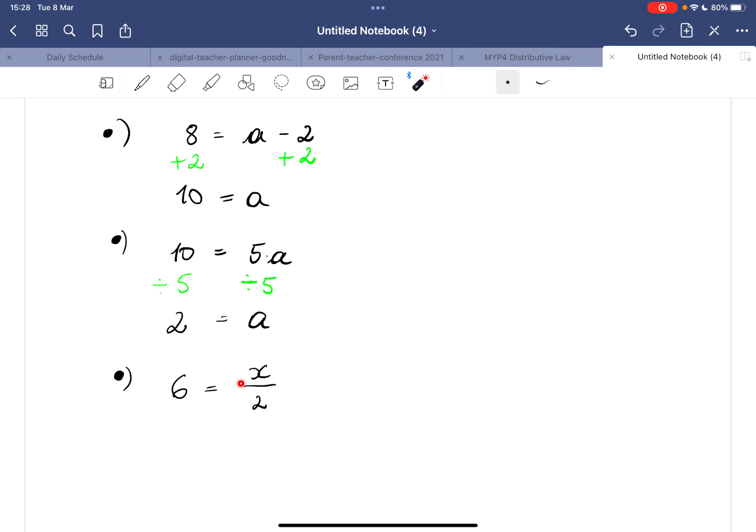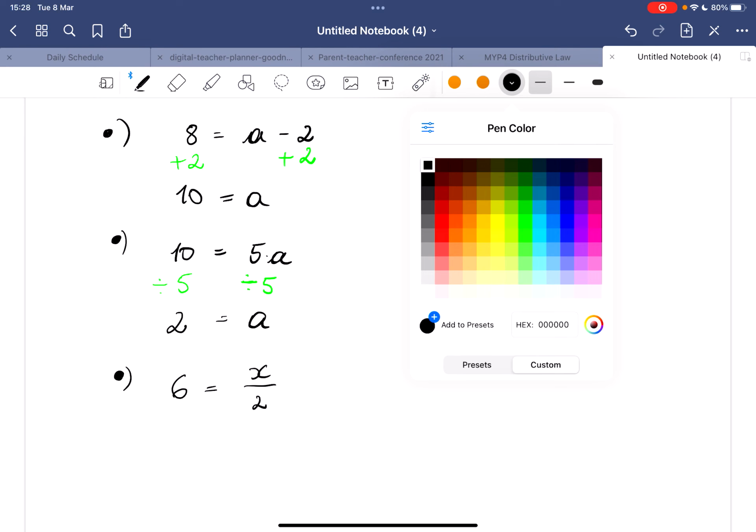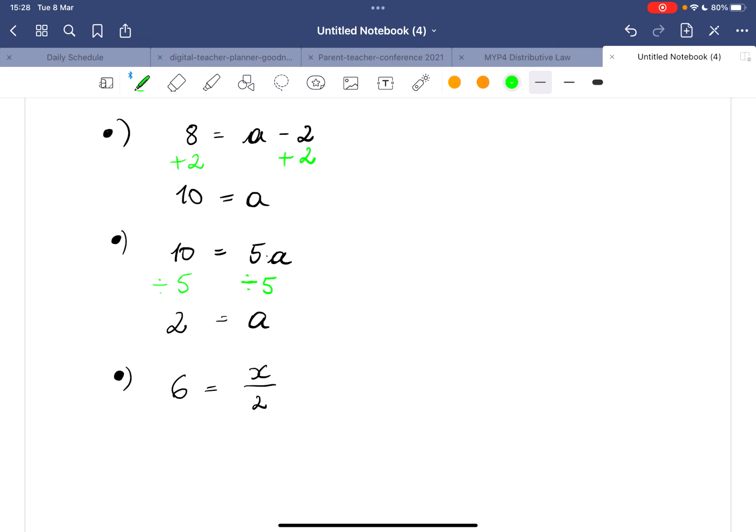Now, this fraction line is the same as a division. So the inverse operation would be multiply. The opposite of dividing is multiplying. So to get rid of my 2 here, it says divided by 2. The inverse or the opposite would be multiply by 2.